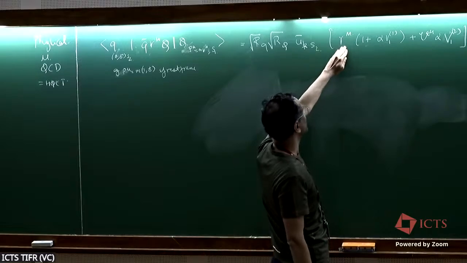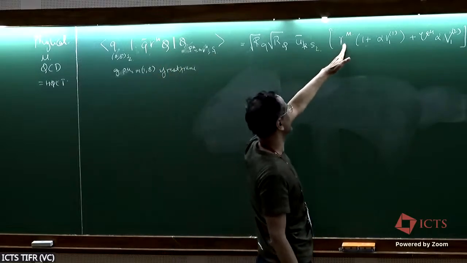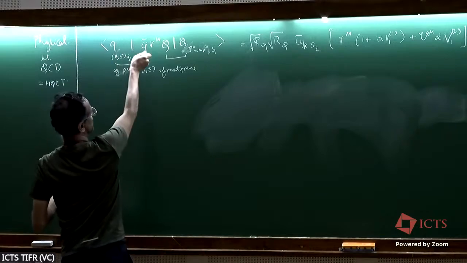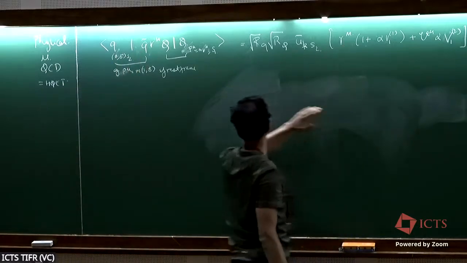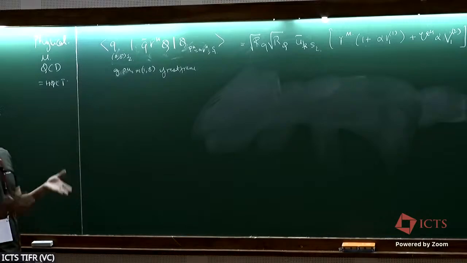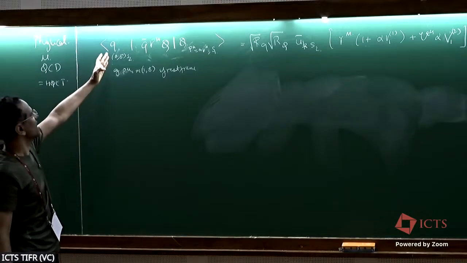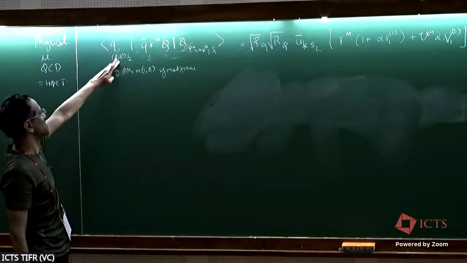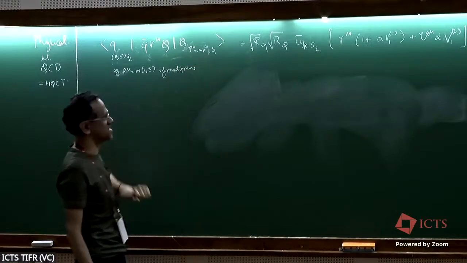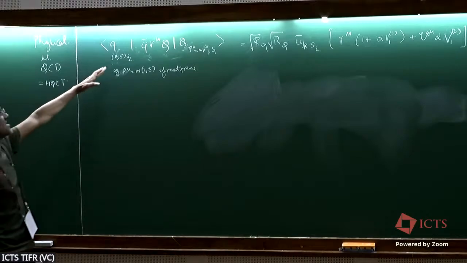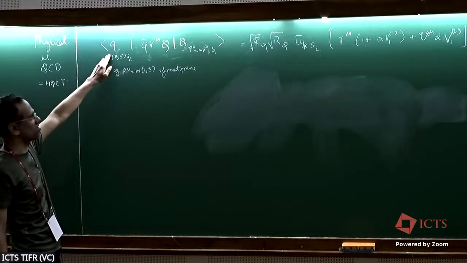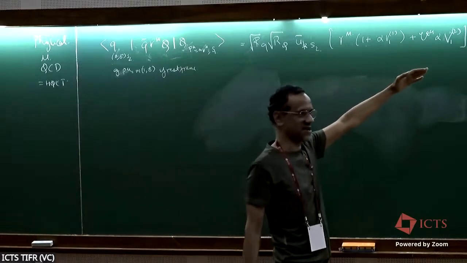Now, once again at tree level, this expectation value will be just gamma mu, simply because you contract this Q with Q bar and I simply get gamma mu, that's all. Maybe there's one more thing I'll say. You have to choose some external state to do the matching. So I've taken this light quark to have zero momentum, zero mass. This heavy quark has momentum p mu, which is m v mu, so on shell. If I had chosen to do the matching with some external momentum k for the light quark also, then of course there are more combinations I can have.